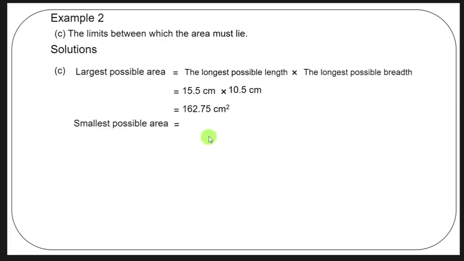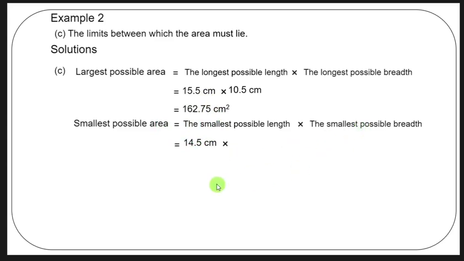So use the shortest possible length times the shortest possible breadth. The values we got already: 14.5 centimeters times 9.5. When we multiply we get 137.75 square centimeters.